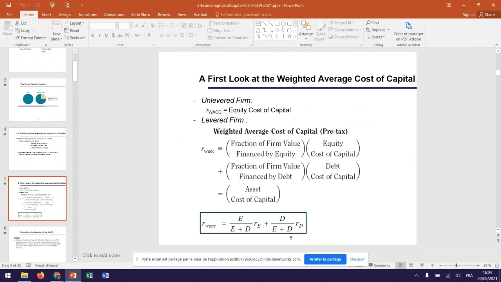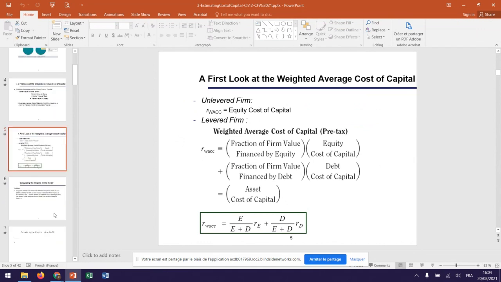Like Apple, if they have no debt, we call it an unlevered firm. Therefore, for an unlevered firm, D becomes zero, and the WACC of an unlevered firm should be equal to the equity cost of capital.